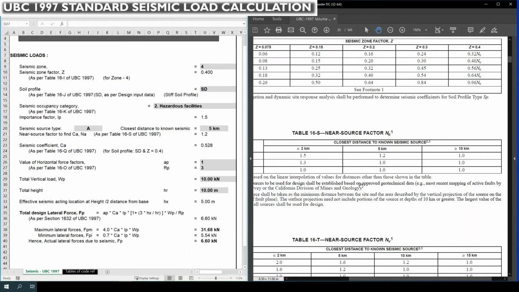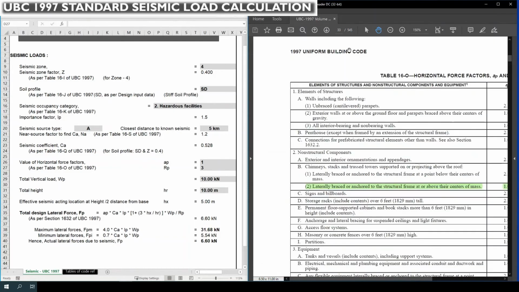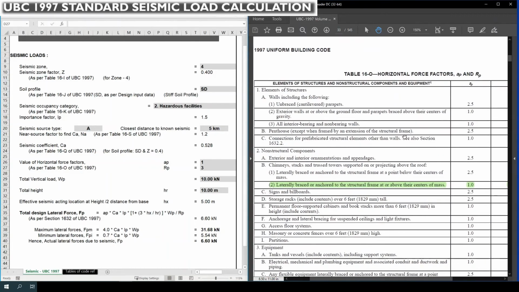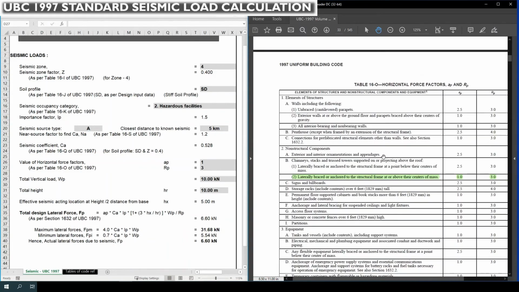page number 33. In this, let us consider chimney stacks and truss towers supported on or projected above the roof, laterally braced or anchored to the structural frame at or above their centers of mass.